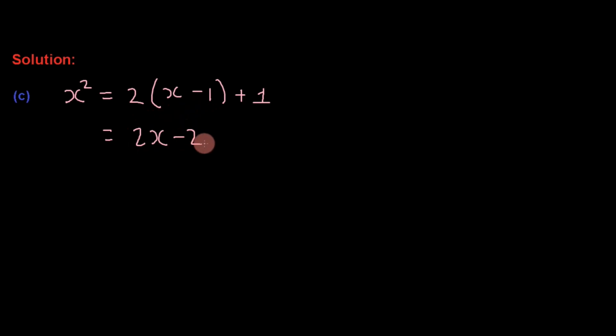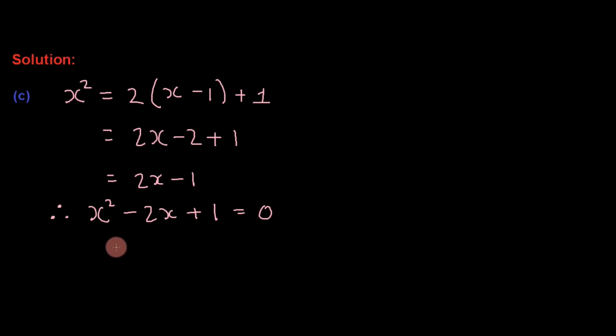So 2x minus 2 plus 1, and this is 2x minus 1, and we can bring everything to the left-hand side. So x squared minus 2x plus 1 equals 0. Now we can write down the values of a, b, and c. So a is 1, b is negative 2, and c, of course, is 1.